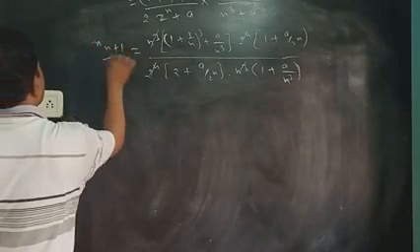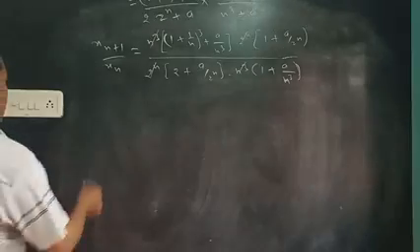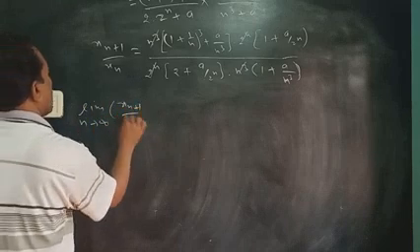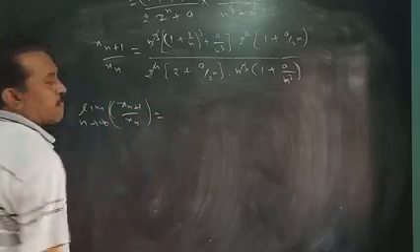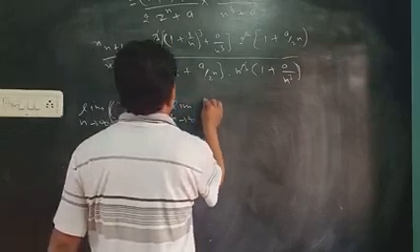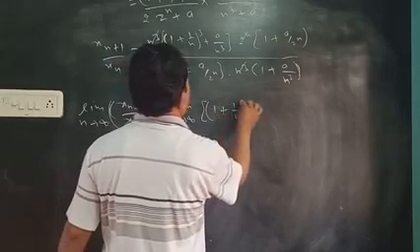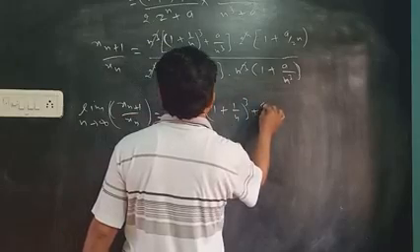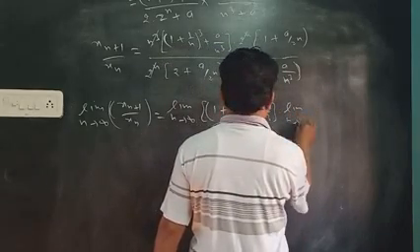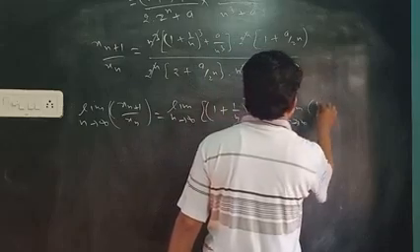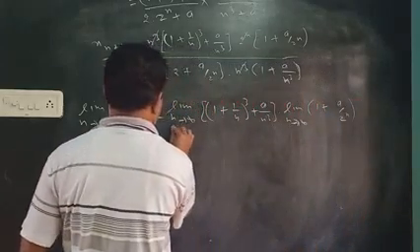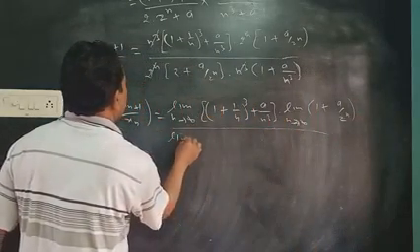So this is the xn plus 1 upon xn ratio. Now the limit of this, n tends to infinity, and also the limit of this. So limit of each term.